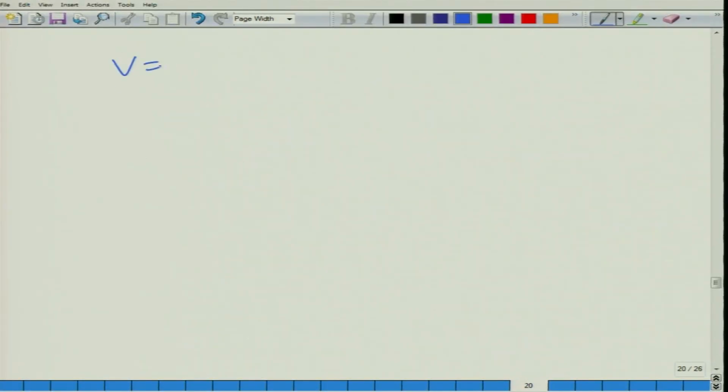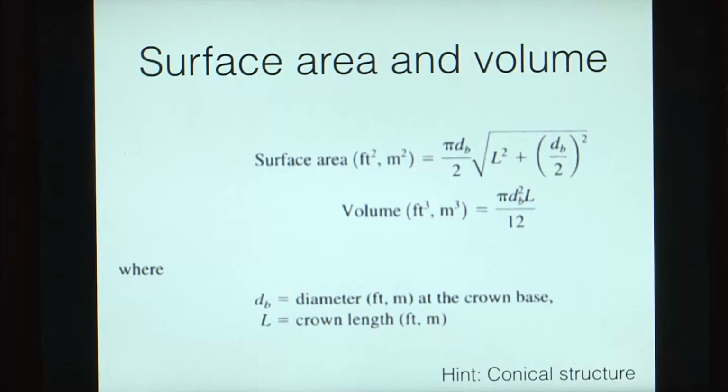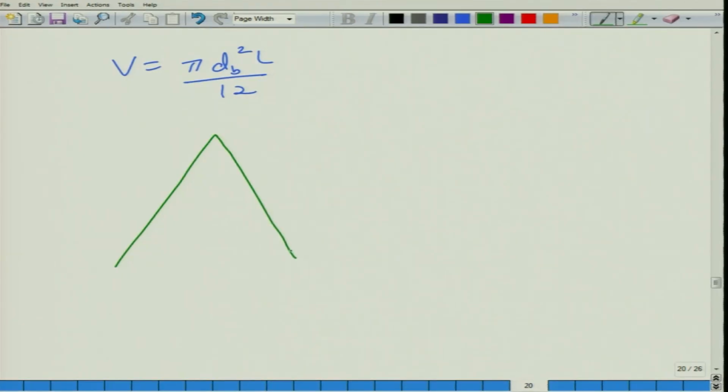So we have volume is equal to pi dB squared L by 12. So coming back to the slides, here we have the volume in feet is pi dB squared L upon 12. So how do we get to that equation? Coming back to the tablet, again we are considering our crown to be a cone.